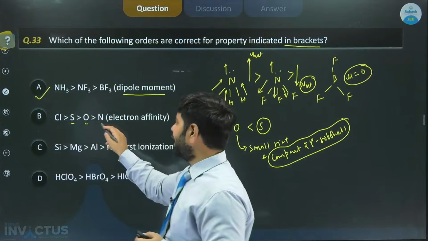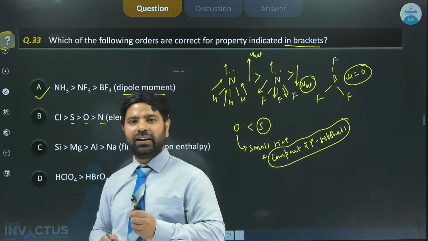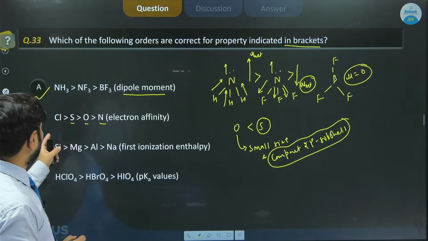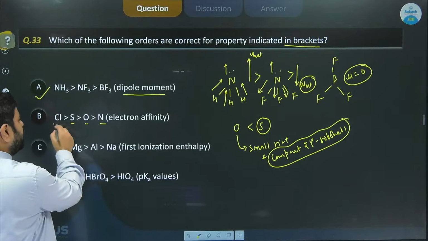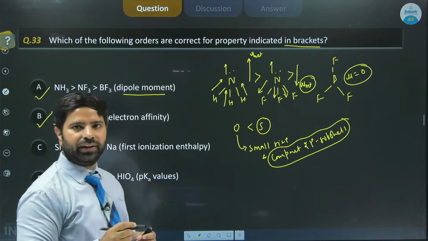And nitrogen has half filled configuration, so it will accept the electron with great difficulty. So the order is chlorine, sulfur, oxygen and nitrogen, and even nitrogen has positive electron gain enthalpy.